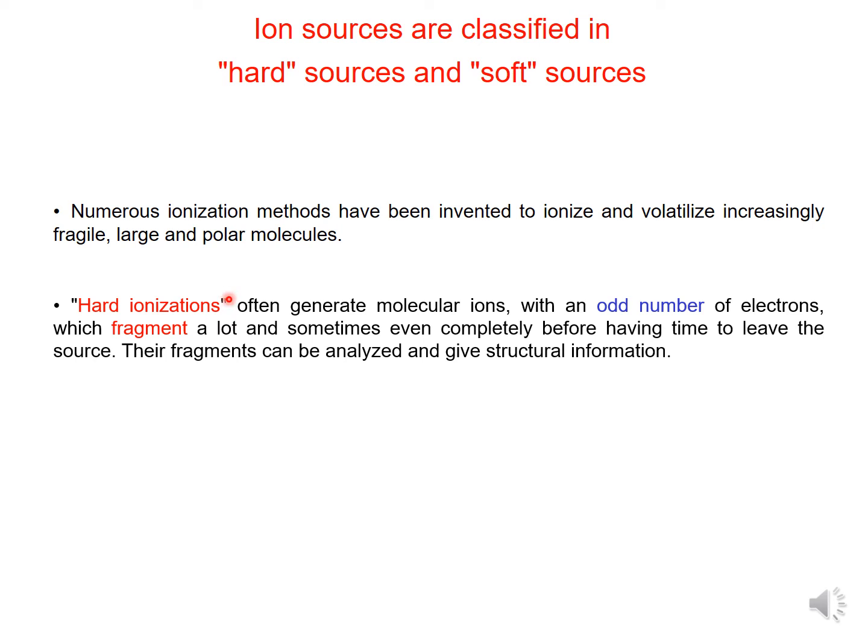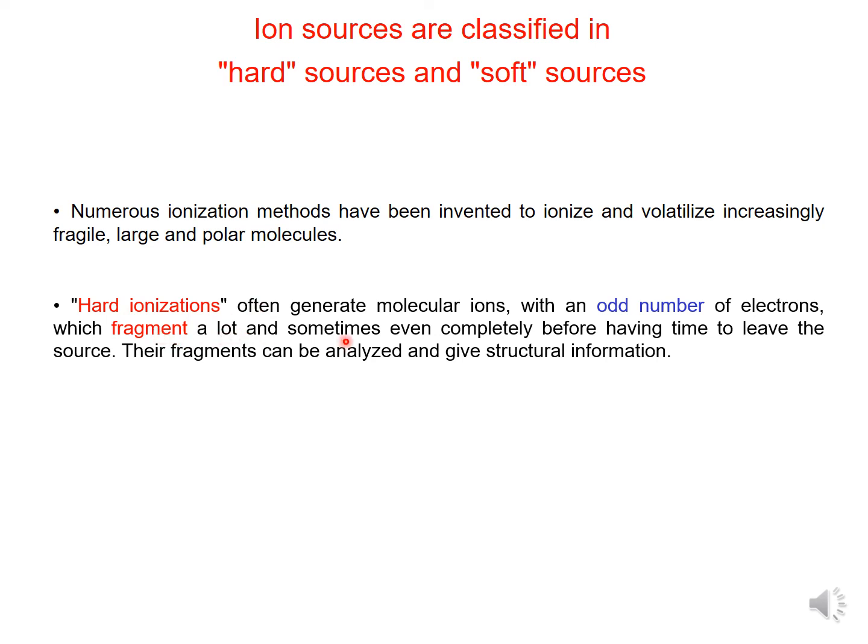These ion sources are considered to be sources which offer a lot of energy to perform the ionization and the volatilization. And if you give energy to the molecules, you have sometimes and often fragmentation.